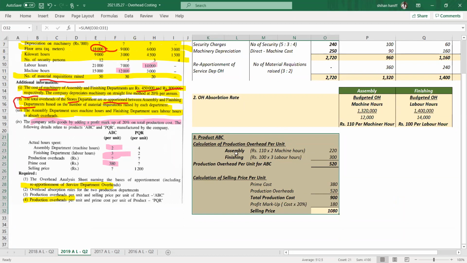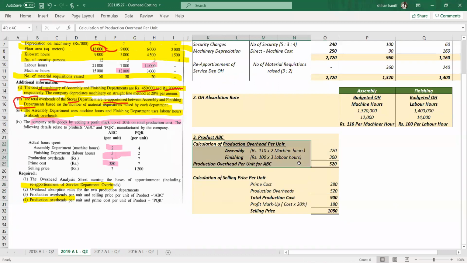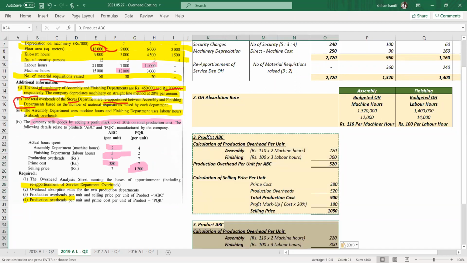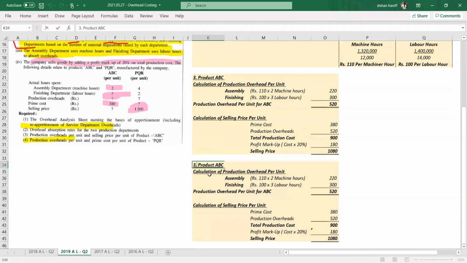For product PQR, they wanted to calculate the overhead per unit. For the calculation of production overheads per unit, we can use the same method. And for the prime cost, they have given the selling price, and we need to find out the prime cost. So let me take this same format. Number 4, product PQR.